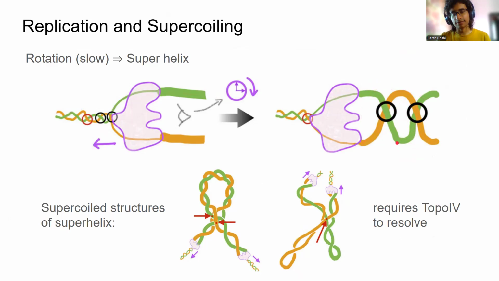So again, the topoisomerase proteins come in to help resolve these kinds of windings. Especially, there's a class 2 topoisomerase called topo4, which helps resolve such windings such that the two DNA copies can move apart, can segregate.